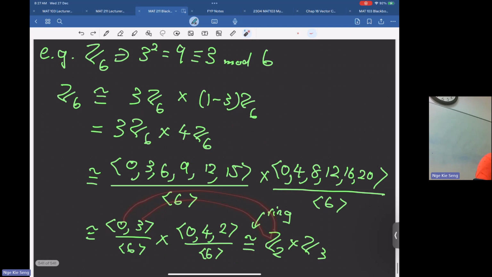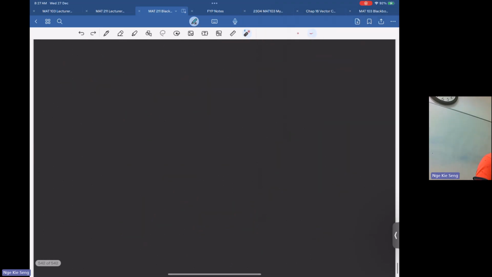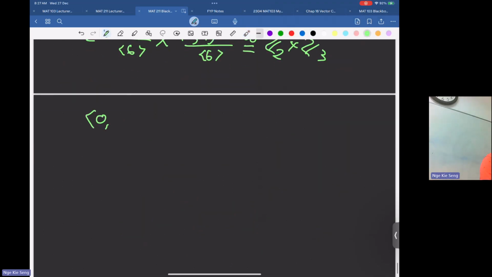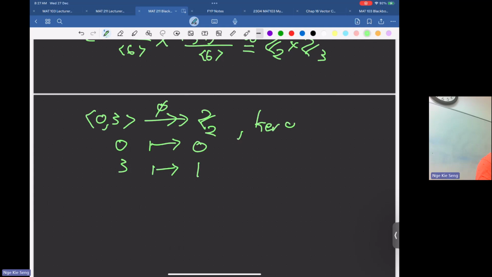So you create a surjective homomorphism like this: 0 to 0, 3 to 1. Then the kernel of this should be mod 6.